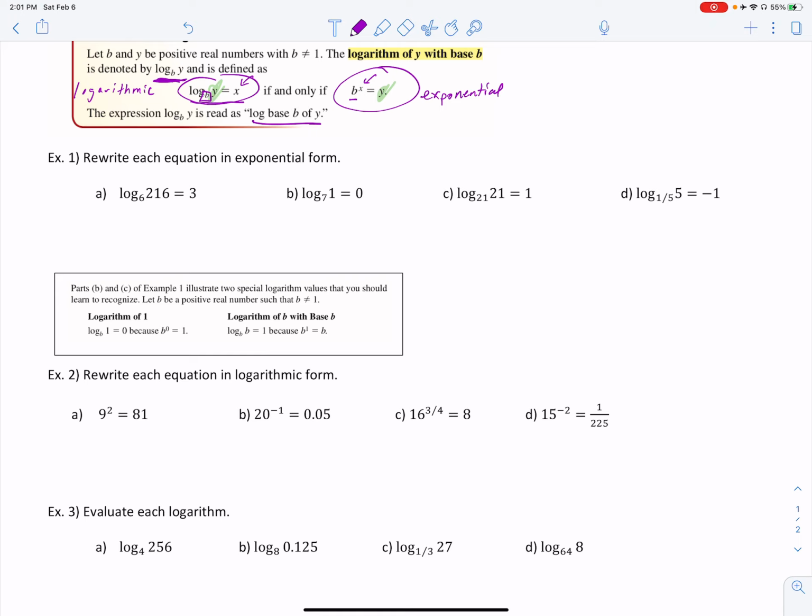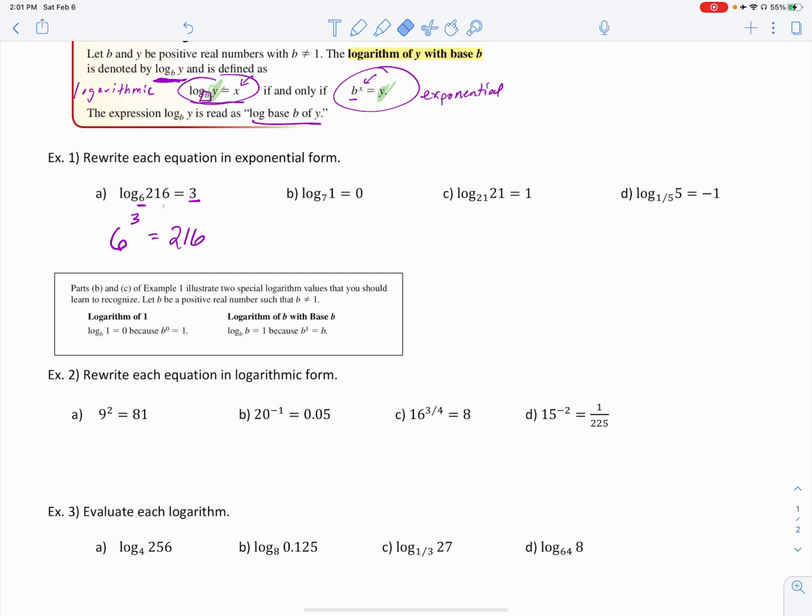The base here is 6, and remember the output is the exponent. And so the base is 6, the exponent is 3, and what that equals is the argument of that logarithm.